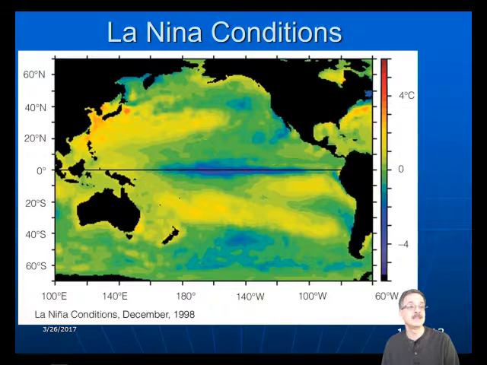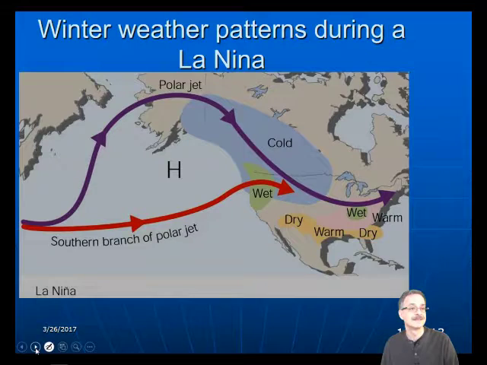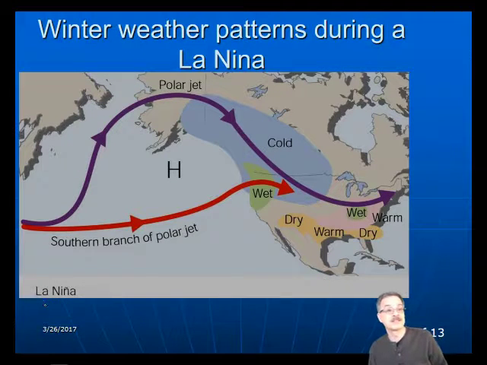And a La Nina condition is, again, the opposite. The colder water is going farther towards Indonesia than it is normally. It's normally just right out here, and it's moved farther west. And what kind of weather patterns does it produce?